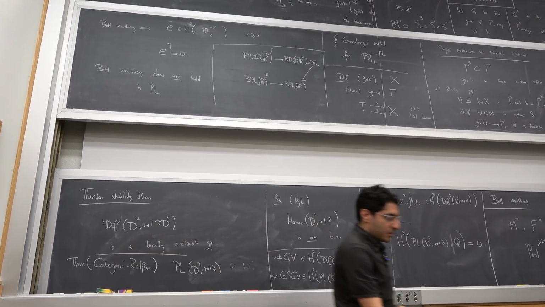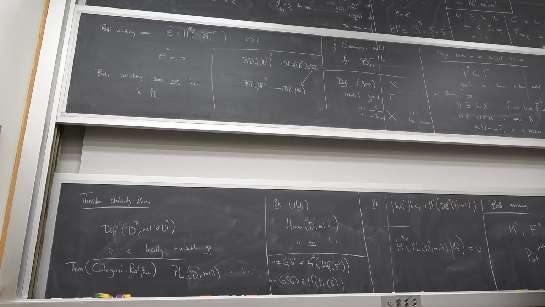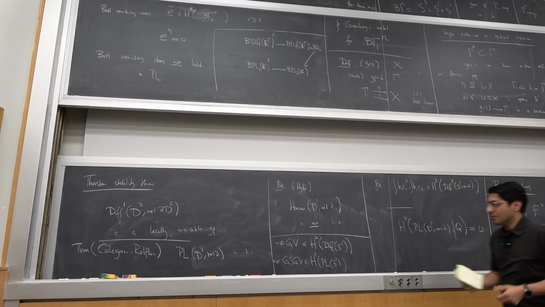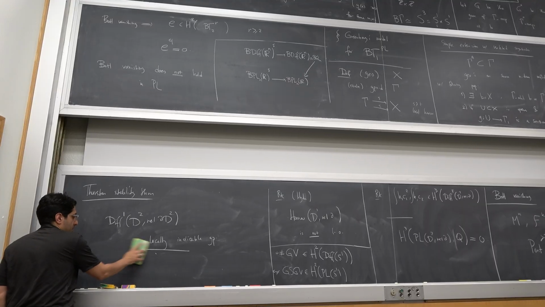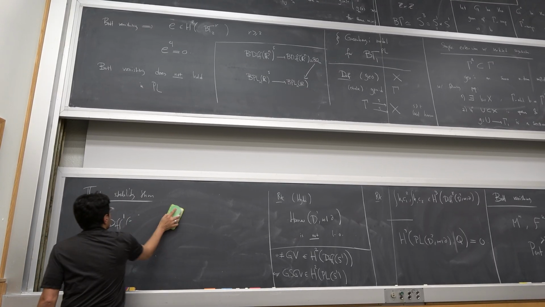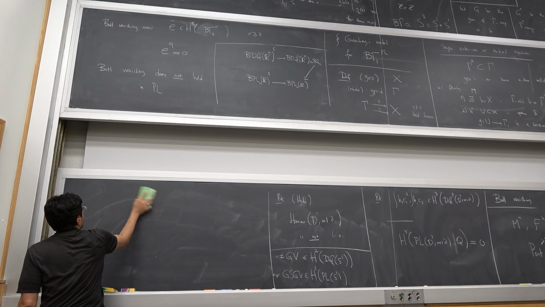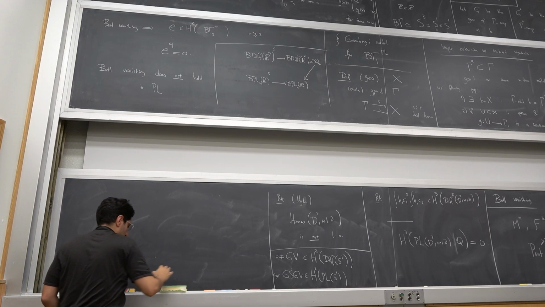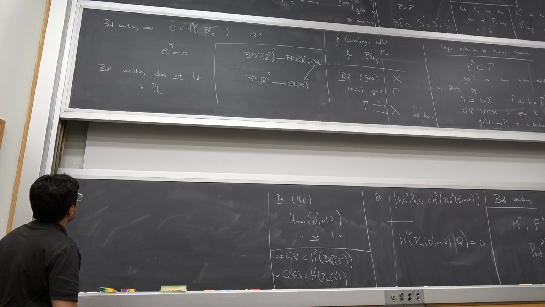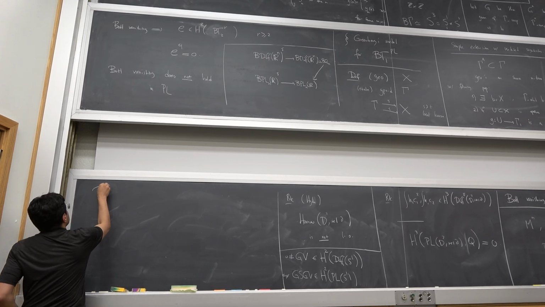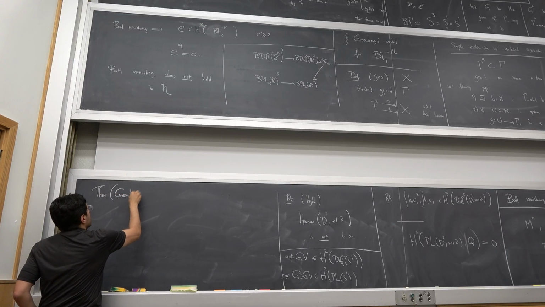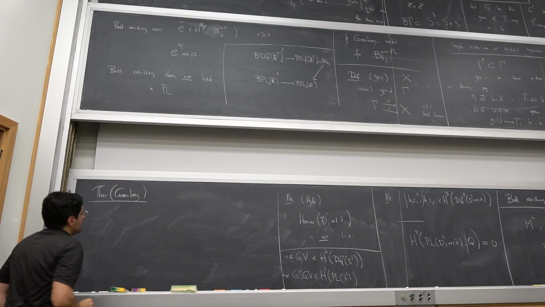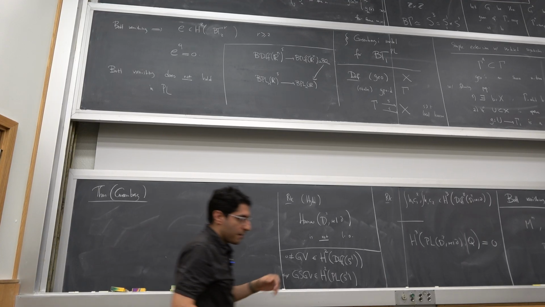There's a way to make sense of letting it act on R^n. So it's a theorem of Greenberg. It says that you have this diagram.